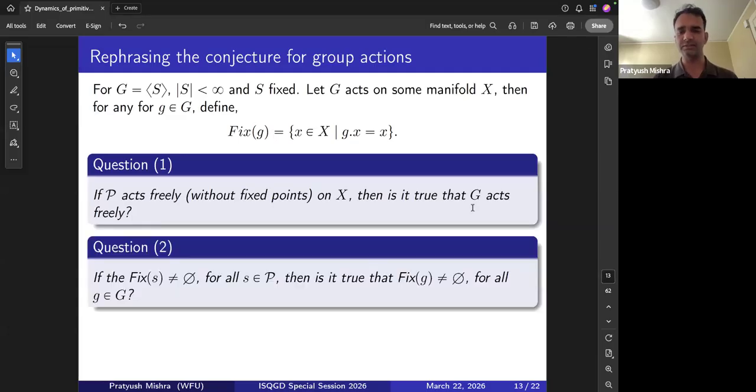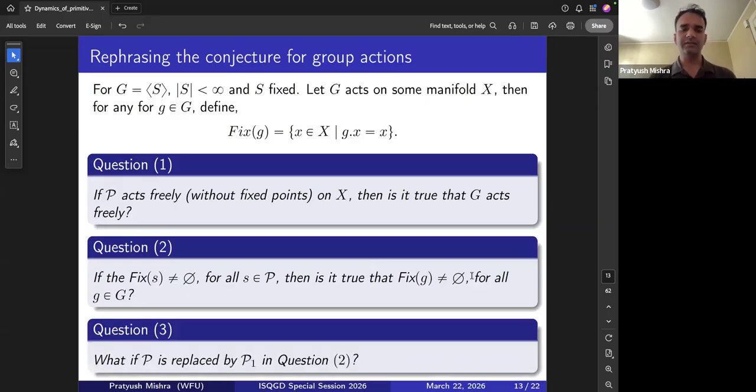These are very broad questions. Now, if fix of S is non-empty for all S in the first step primitive element, meaning all the first step primitive elements fix something, is it true that fix of g is non-empty for all g in G? This need not be a global fixed point, but for any particular g, the fixed point set is non-empty. And then what if we replace P by P1, the first step primitive elements?